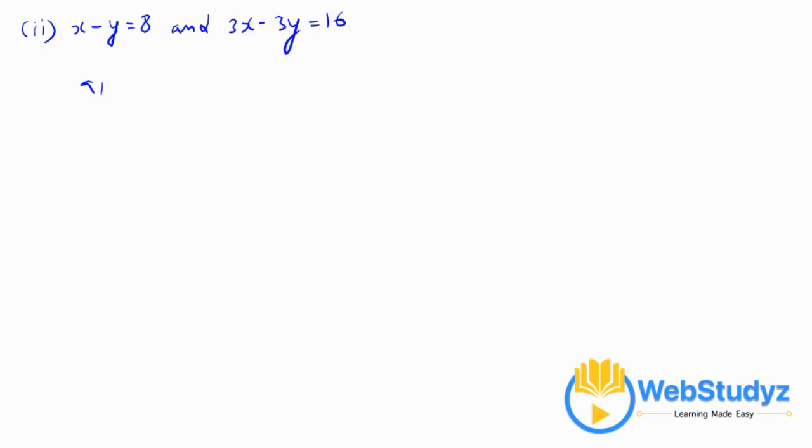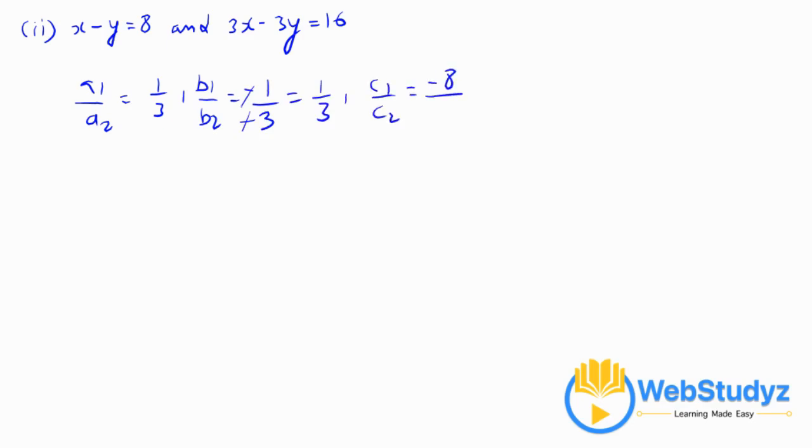So if we calculate a1 by a2, it will be 1 by 3, and if we calculate b1 by b2, it will be minus 1 by minus 3. Minus minus cancel out, this will be 1 by 3, and if we calculate c1 by c2, it will be minus 8 by minus 16. Minus minus cancel out, this will be 1 by 2.